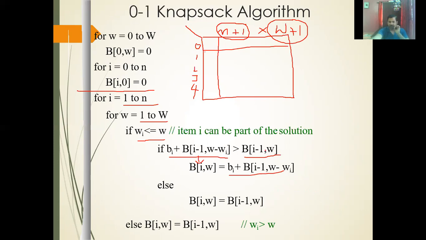If this condition holds false, it means that b of i minus 1 comma w will be initialized to b of i comma w. Else, if this condition itself is false, so what we are supposed to do? B of i comma w is going to be b of i minus 1 comma w here. The algorithm is very simple if you know your recursive formula.